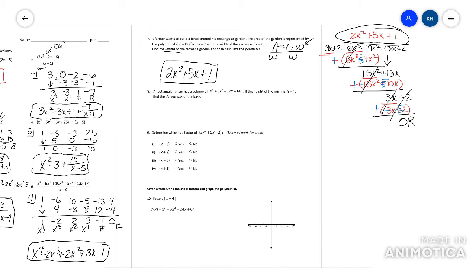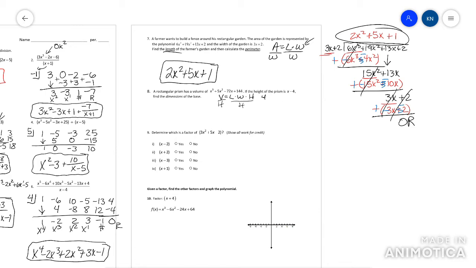Okay, now they tell me they have a volume of this prism and they know the height. Well, volume is length times width times height. And so to get the length and the width, you're going to divide by the height, just like the other one. So we're going to do division here. And this time I can do synthetic, so I'm going to.